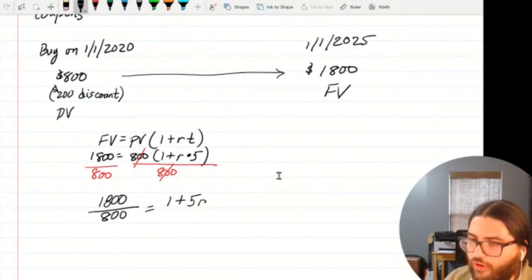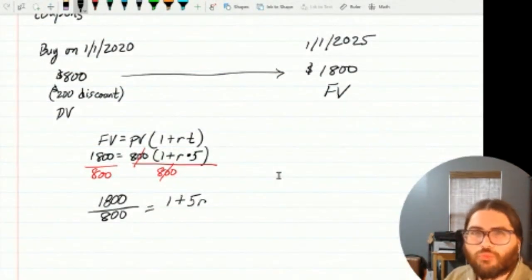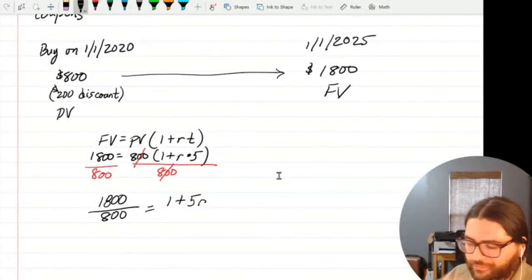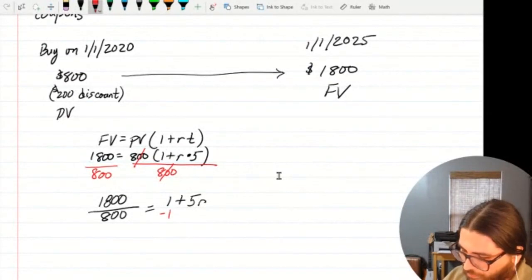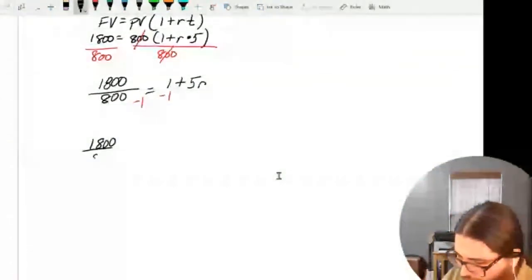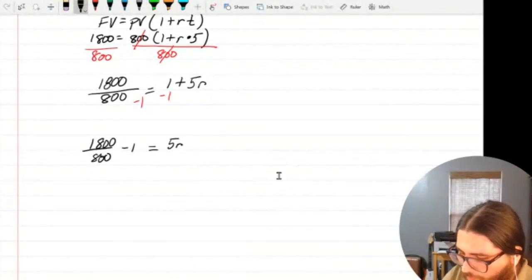I'm going to write R times 5 as 5R. We're used to seeing numbers written before letters, so I feel better when I write it that way. Minus 1. $1,800 over 800 minus 1 equals 5R.